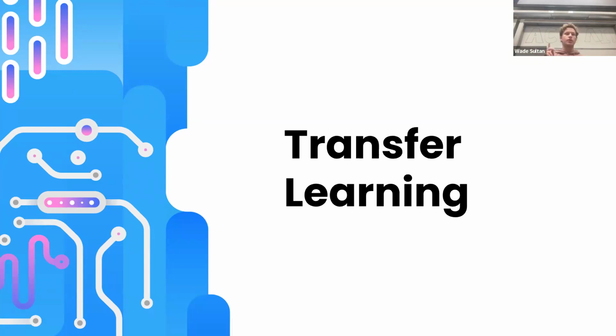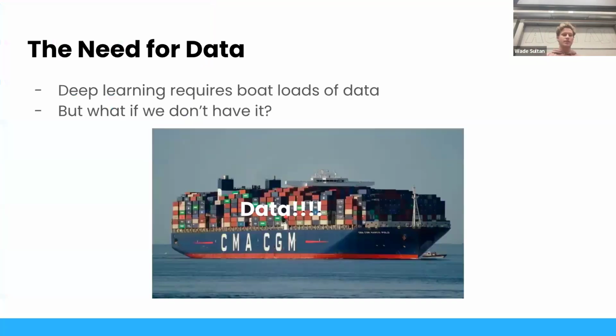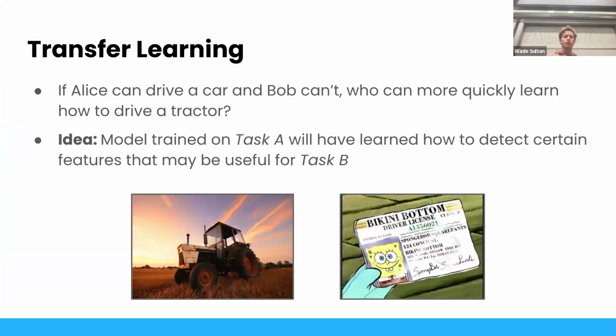But there's a trick. You can find a related task. So basically, we need boatloads, container ships loads of data, but we don't have it. So what do we do?